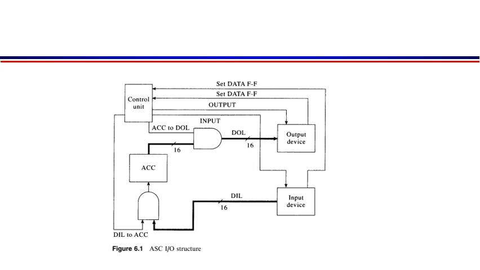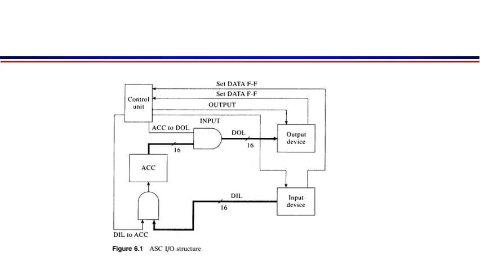In between the accumulator and the output device, and the accumulator and the input device, there is a gate or a buffer. Data from the accumulator will not flow through the data output lines unless the accumulator to data output line signal is activated.